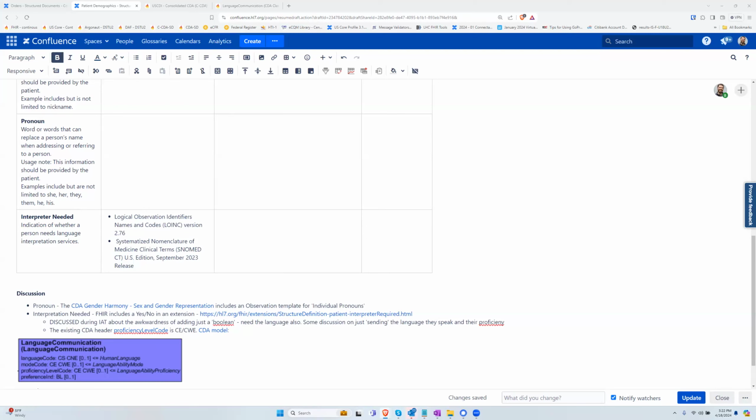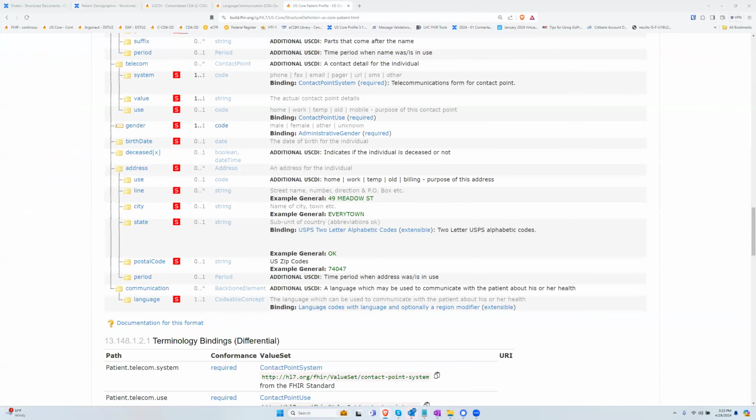It can be a Boolean flag, but that identification of the need for an interpreter is a specific requirement for HHS services, for one. It's included in the Civil Rights Act as identification of need for interpreter as well.